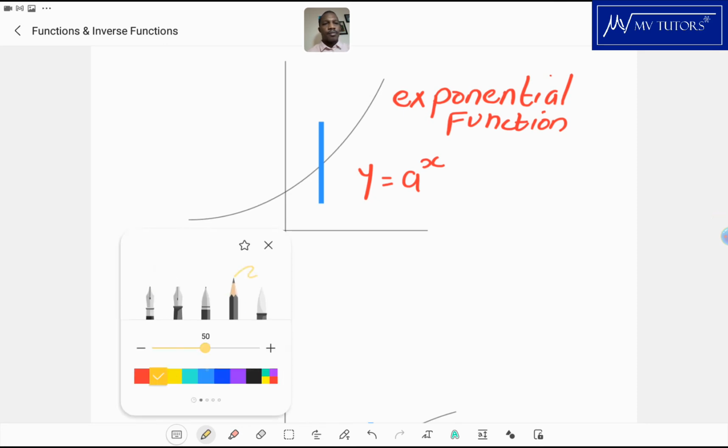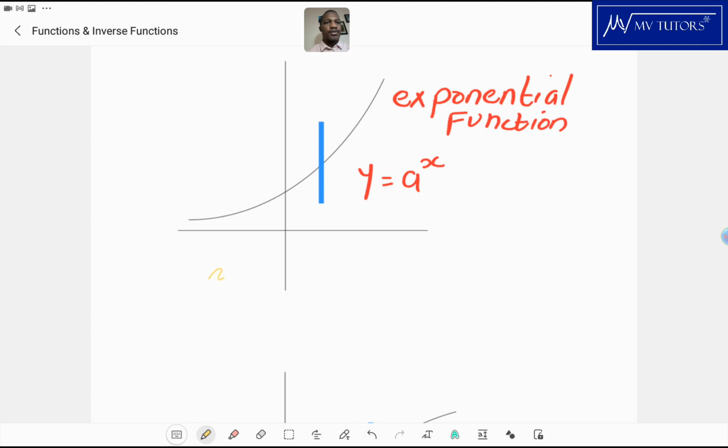So we're going to apply our line here to the inverse line. Okay, now if we apply our inverse line, as you can see, let me just rub that. If you apply, I'll put this line first, the XY line right there, and then you reflect this line.